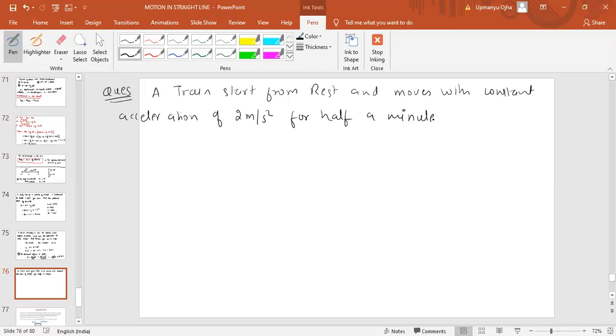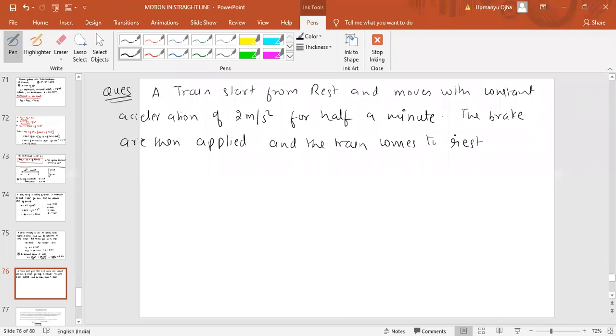The brakes are then applied and the train comes to rest in 1 minute.